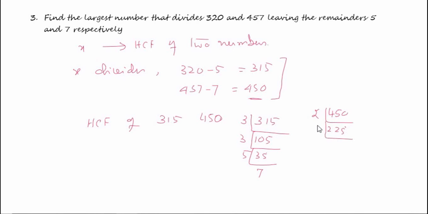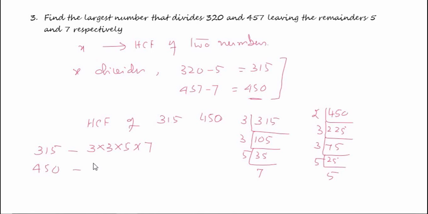So if divided by 3, 75, again you can divide by 3, that gives 25. So it is 5 and 5. So now 315 can be written as 3 into 3 into 5 into 7.